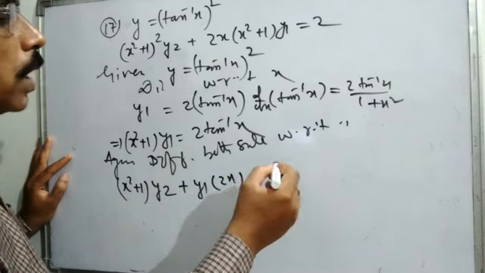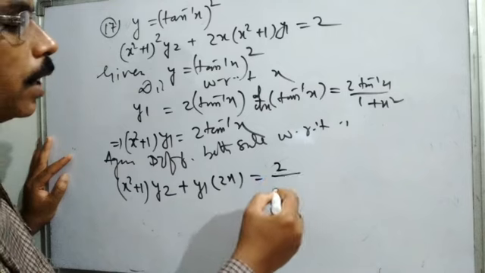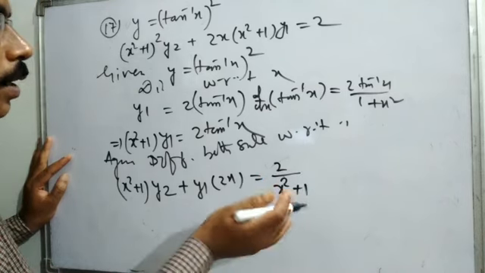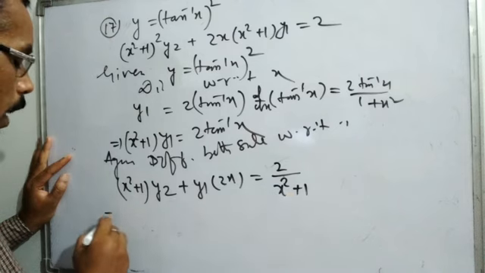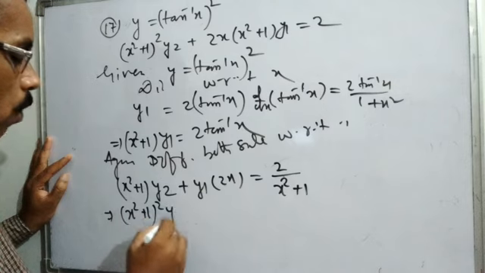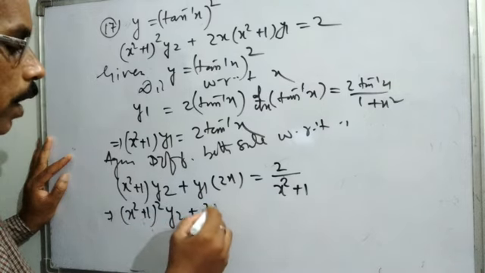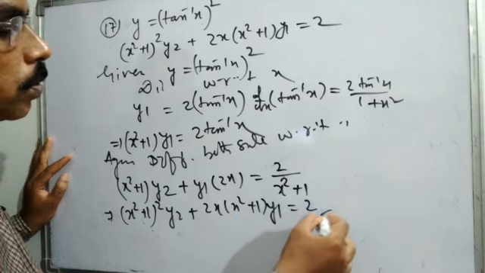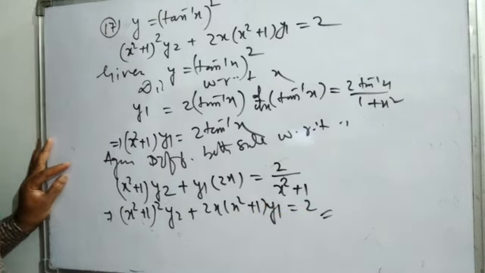Then 2 tan inverse x has derivative 2 by 1 plus x square, which I can write as x square plus 1. Then next step, x square plus 1 taken to this side, it will multiply, so it will be (x square plus 1) whole square y2 plus 2x (x square plus 1) y1 is equal to 2. That is the proof of this problem.